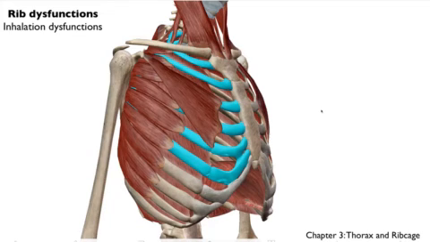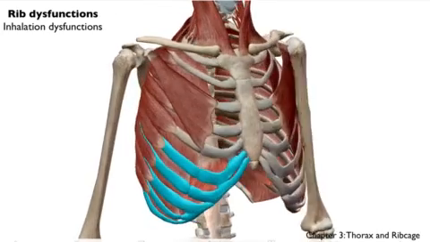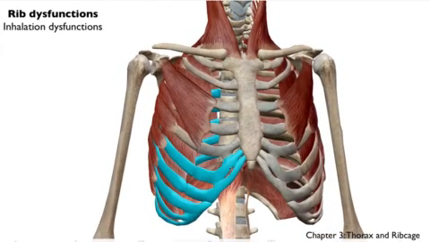Now, let's take a look at what happens to the bucket handle ribs. Well, let's revise bucket handle ribs again. Which ones are the bucket handle ribs? The bucket handle ribs are ribs 6 to 10, right? Ribs 6 to 10. And we've got ribs 6, 7, 8, 9, 10. Now, these ribs 6 to 10 are known as the bucket handle motion.